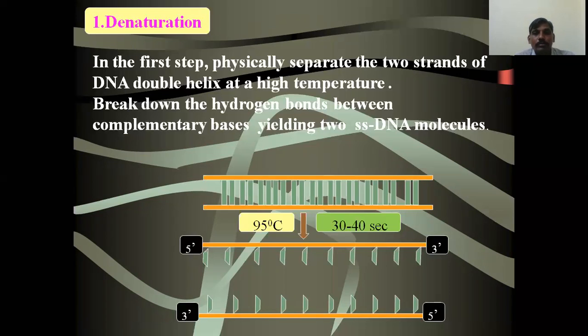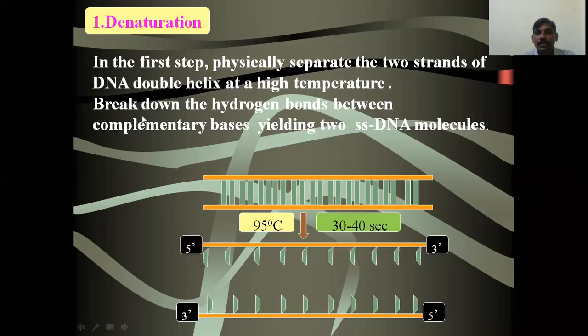You can observe that by increasing the temperature up to 94 degrees Celsius, the double-stranded DNA molecule splits into two single-stranded DNA molecules. In this step, we physically separate the two strands of the DNA double helix at high temperature.